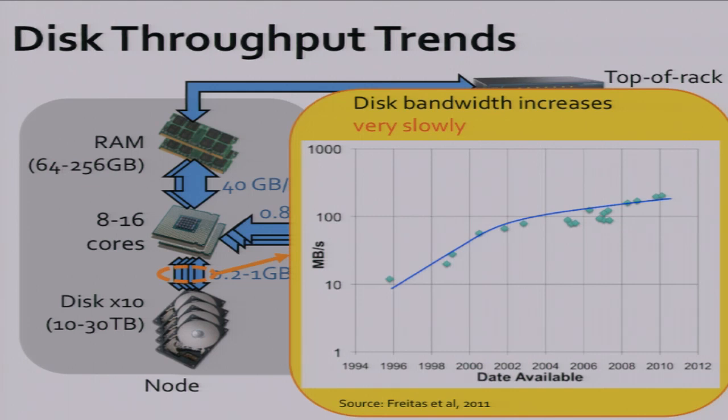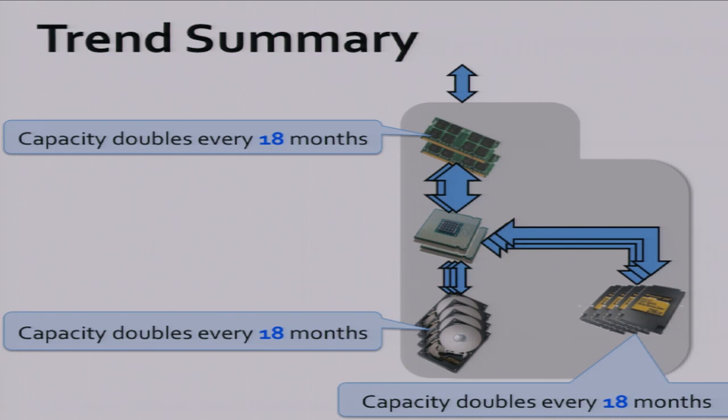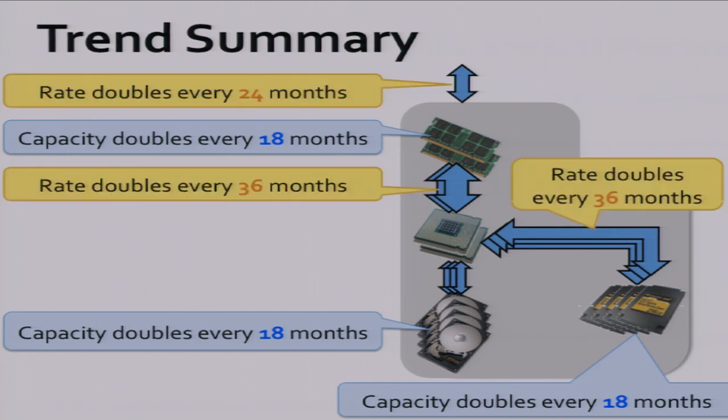Okay, so to summarize, if you look at all the storage types you have in a server, the capacity more or less doubles every 18 months. And if you look at the transfer rate, in the case of network I/O, memory bandwidth, and SSD SATA bandwidth, they doubled somewhere between 24 and 36 months.